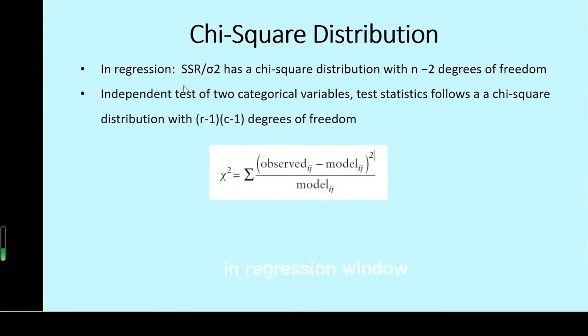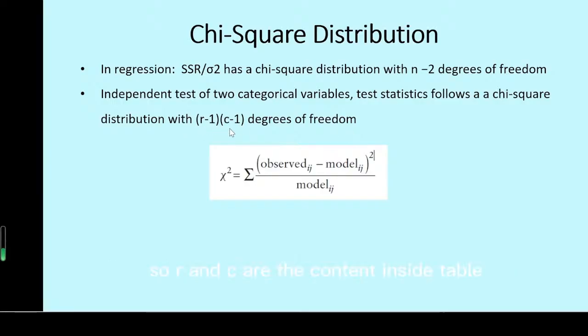In regression, the sum of squared residuals divided by the observations' variance has a chi-square distribution with n-1 degrees of freedom, where n is the number of observations in the data set. And if we do independence tests of two categorical variables, the test statistic follows a chi-square distribution with (r-1) times (c-1) degrees of freedom.